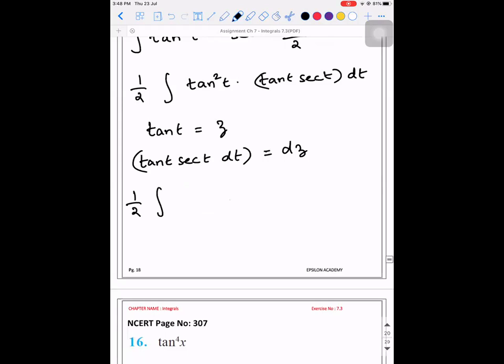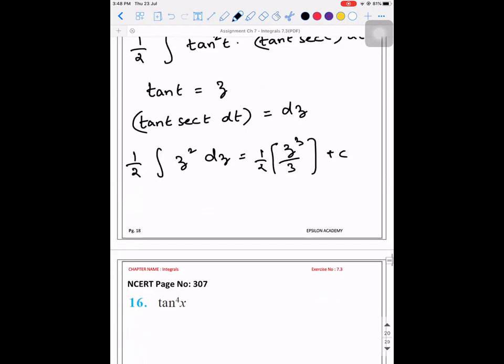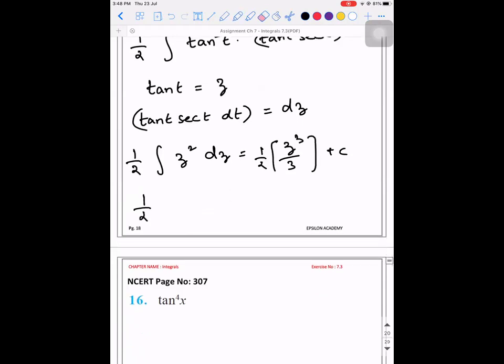So 1 by 2 into z square dz, that will be z cube by 3, and you already have a 2 outside. Let's see. So 1 by 6 into z cube. Z cube is what? Tan cube of t, but t is nothing but 2x, plus c.